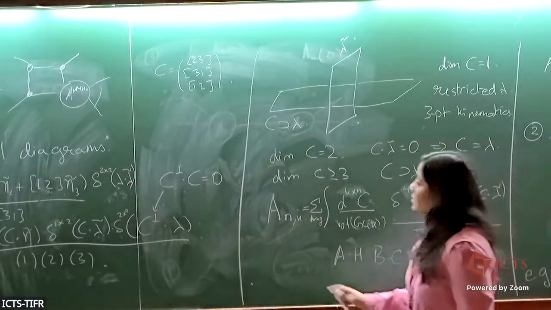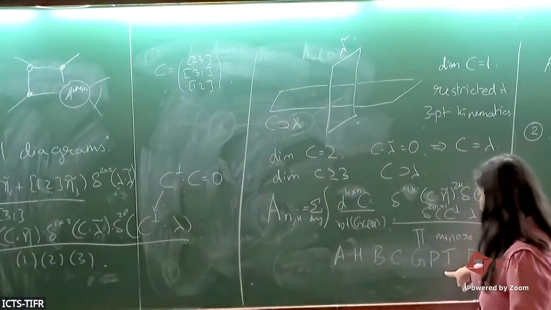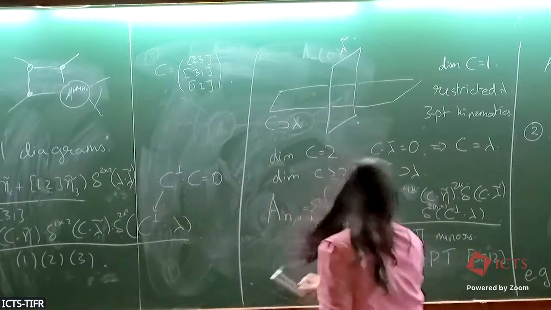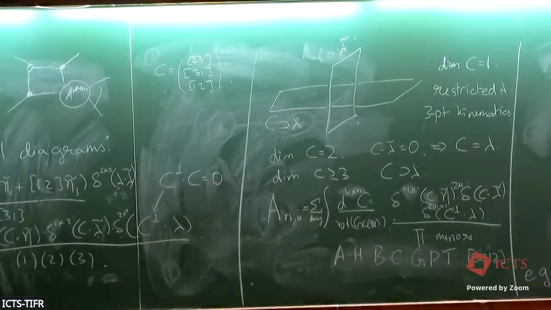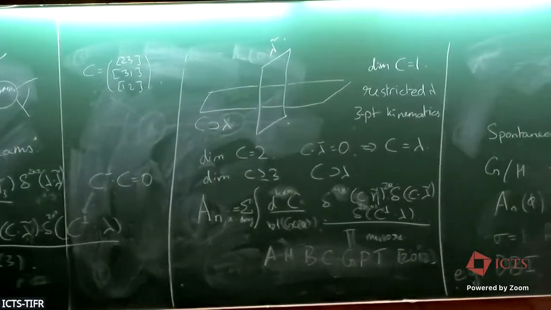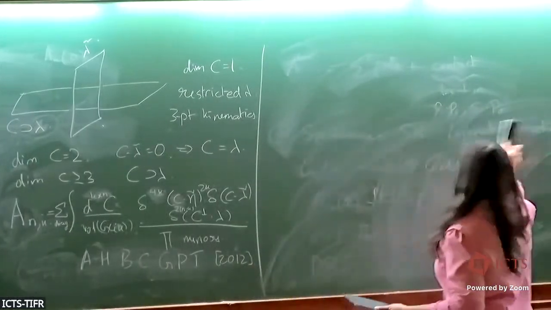All I have done is introduce this auxiliary matrix C. C is a matrix in the Grassmannian G(k,n), which I have not said. I'll say that in a second. And then doing this integral exactly gives you the amplitude as written as a sum over BCFW terms.